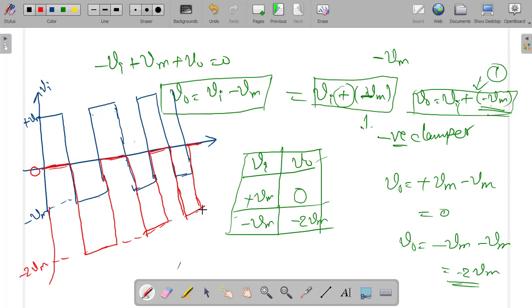If you see the shape of the waveform, neither the positive nor the negative part is flipped or removed. The shape remains the same. Only there will be shifting.